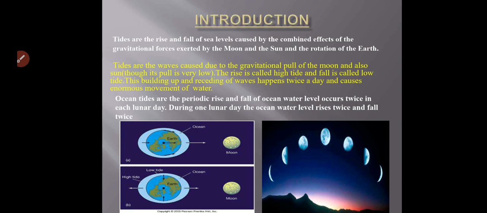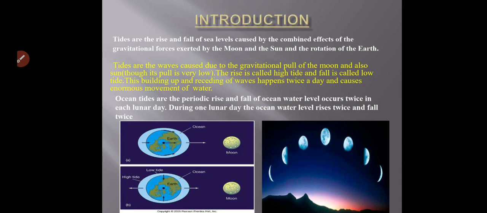Or we can say tides are the waves caused by the gravitational pull of the moon and also the sun. The rise is called high tide and the fall is called low tide.